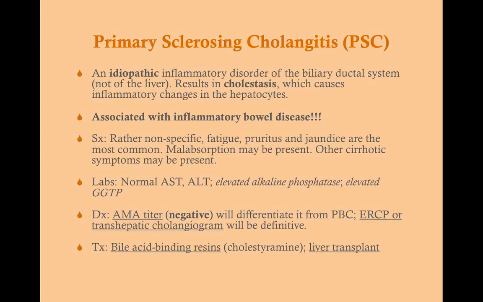What happens from this is that when the bile ducts become inflamed, you get cholestasis. Cholestasis is just sludging and congestion of bile, and the result of that is going to be a pressure increase, a backflow, and that's going to result in inflammatory changes in the hepatocytes, and ultimately cirrhosis. So this is indirectly causing inflammation in the hepatocytes. This is associated with inflammatory bowel disease.